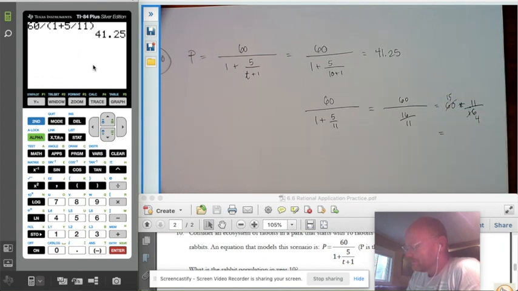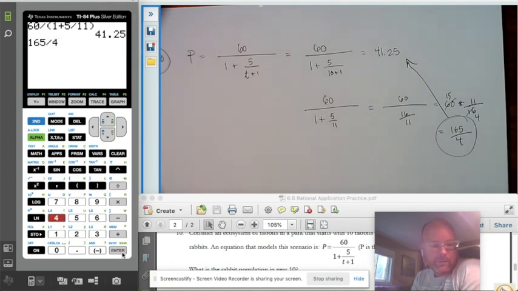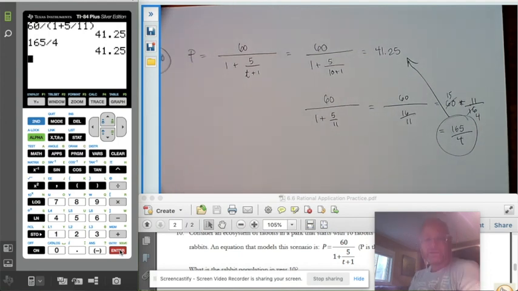This doesn't get super clean looking, but 15 times 11 is 165, with 4 on the bottom. And what do you want to bet that 165/4 is 41.25? Let's see. 165 over 4. Perfect.